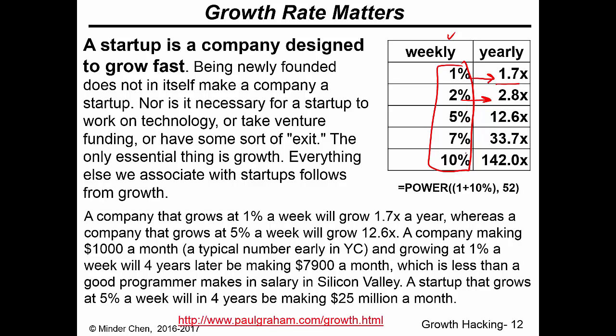If your weekly growth rate is 10%, you're growing your business 142 times. You can calculate this easily in Excel with a formula like this, where this is the weekly percentage and this is 52 weeks. Even a 2% weekly growth ends up being almost 3 times growth, which is actually quite impressive. But if you can reach 10% growth weekly, that's really amazing.